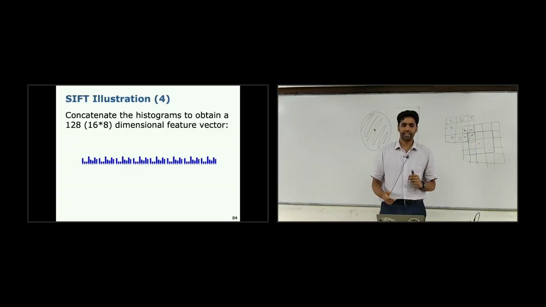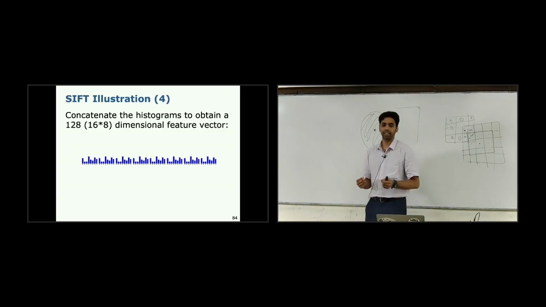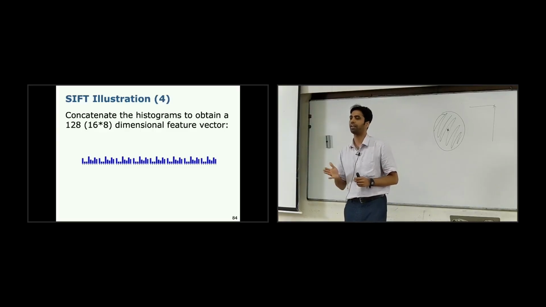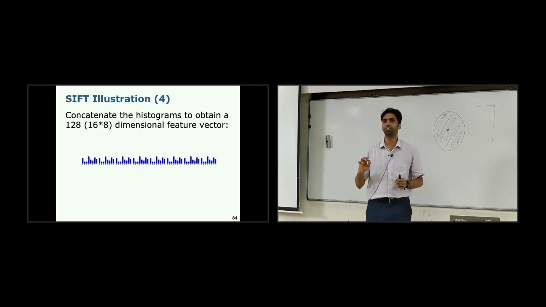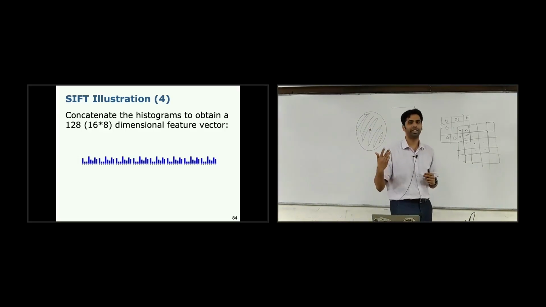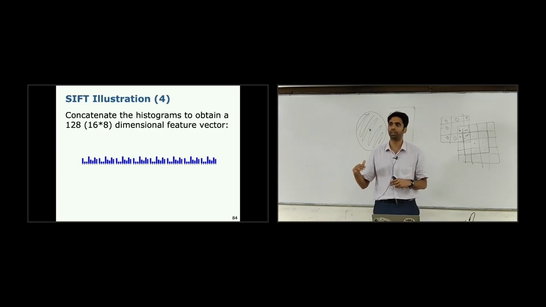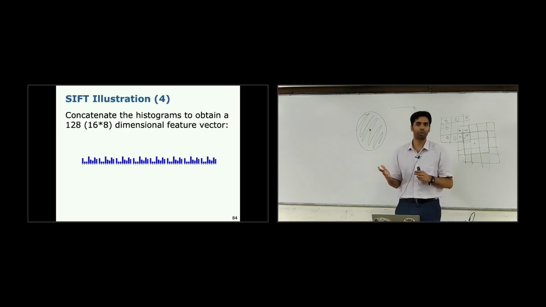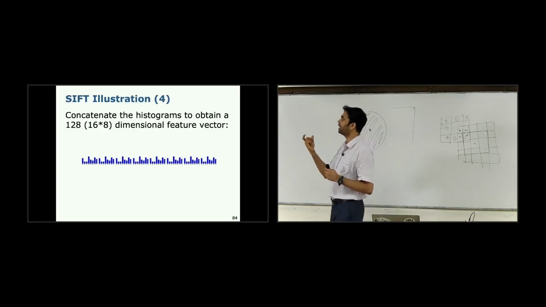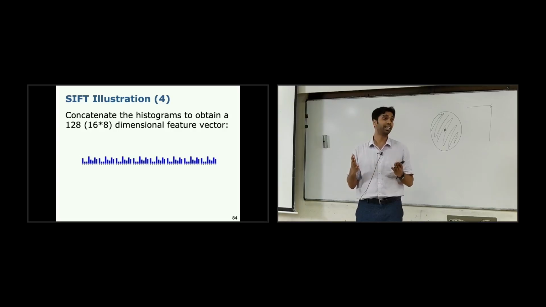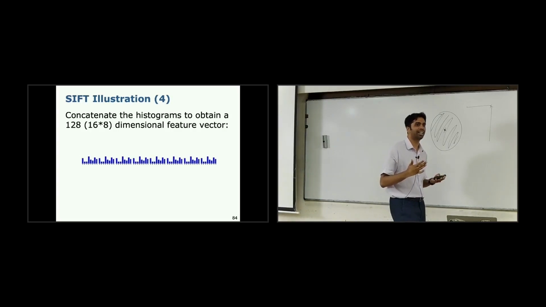So the algorithm itself, the actual recipe itself, was not known for a long time. Only about 5 years ago, I think, the patent for the SIFT feature expired, and we learned what the actual recipe was. There was a paper about SIFT which had general rules, but the actual implementation was never really known. SIFT was only available as a binary that you could put into your code, and you did not know what happened inside that binary.